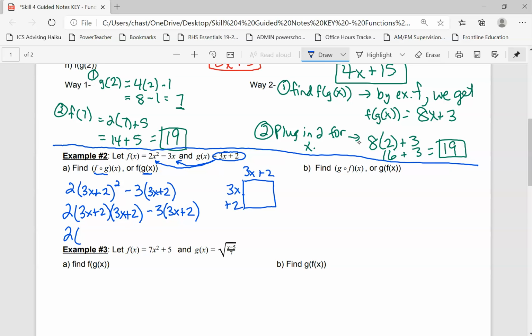If not, I will remind us really quickly over here. 3x times 3x is 9x squared. 3x times 2 is 6x. 2 times 3x is 6x. And 2 times 2 is 4. 6x plus 6x, we get 12x. So we're going to end up with 9x squared plus 12x plus 4.